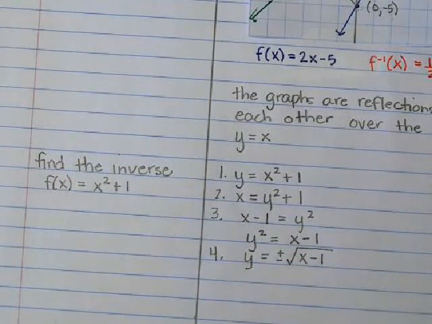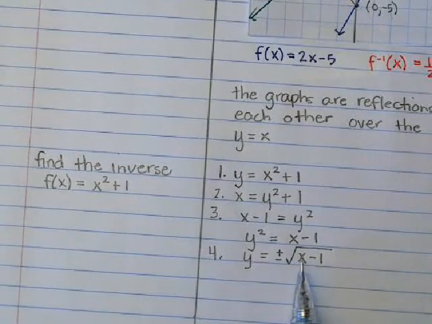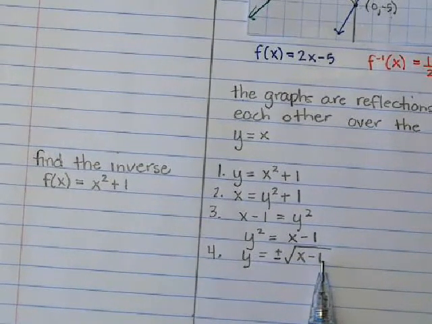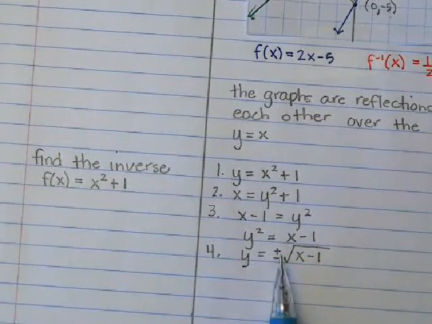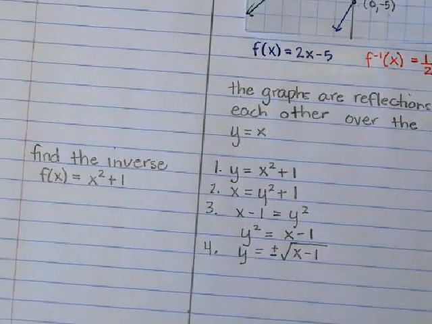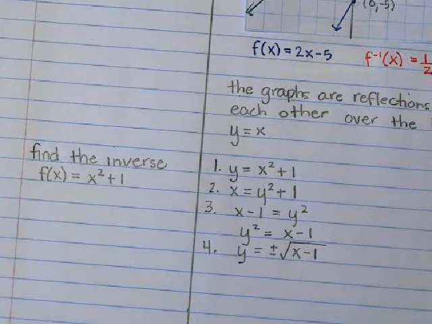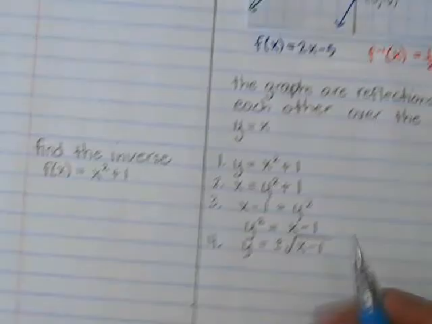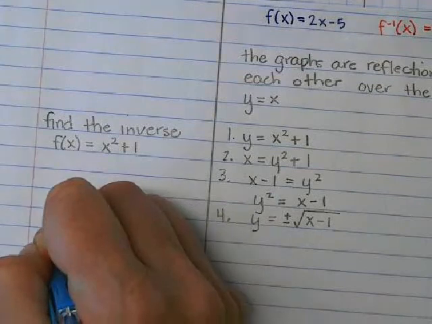Because let me give you an example. If x was 5, 5 minus 1 is 4. The square root of 4 is 2. I would get plus or minus 2. I put in one value of x, and I got two values of y. Not a function.